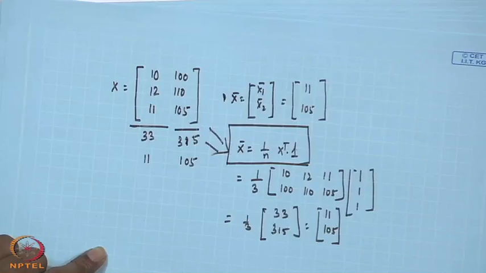We will be using simple matrix multiplication, matrix inverse and other things throughout the lectures. Okay. So, this is what the mean vector is, from the population point of view and from the sample point of view. From the sample point of view, the sample average is the estimate of the population mean vector.